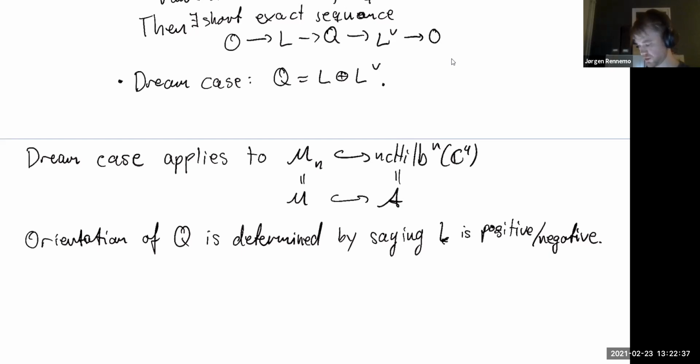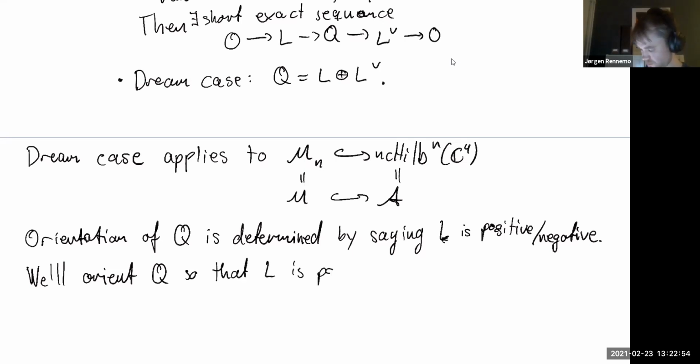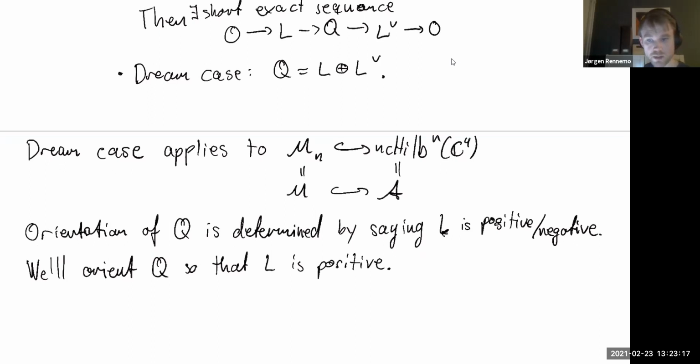So as a matter of convention, from now on we'll always orient Q so that L is positive. If you were to choose the other orientation, then the virtual class would change by a sign. But this is one choice you make going into defining this virtual class; you need to decide how you want to orient your bundle Q. It's part of the data defining the class.